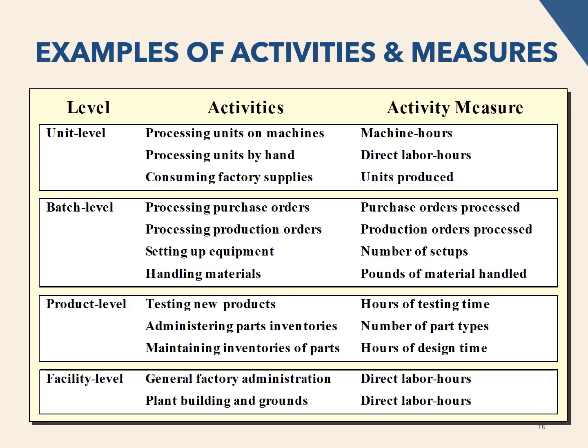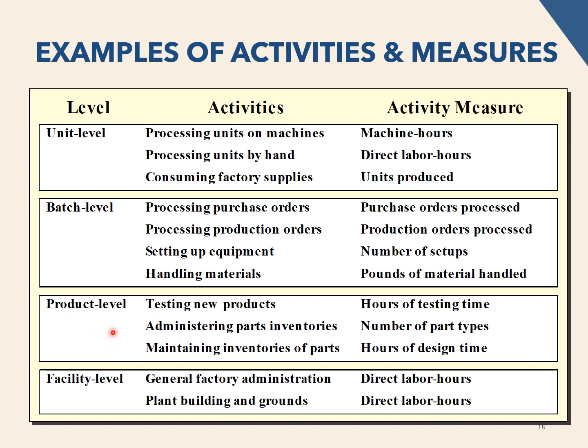Here are examples of activities and measures matching together. Under unit level, for the activity of processing units on machines, the activity measure would be machine hours. Under batch level, for the activity of processing production orders, the activity measure should be production orders processed.